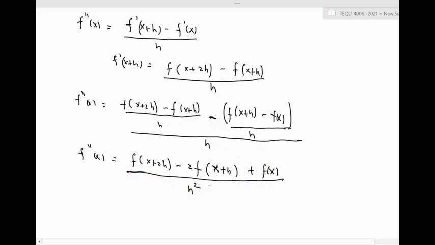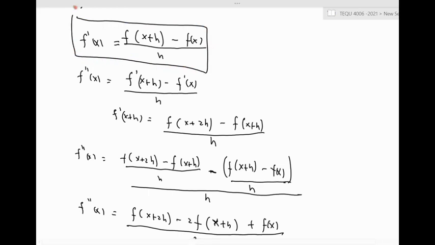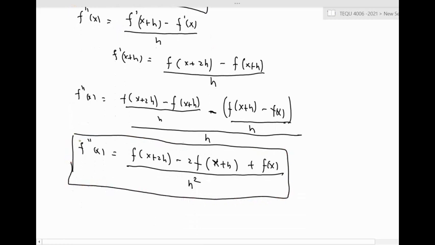So the first derivative is this one here, no big deal. It's just the definition of the derivative using the forward definition. And this is the second derivative, using the forward definition as well.